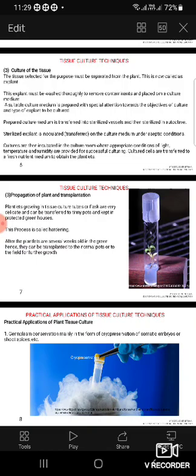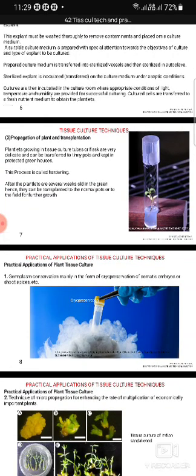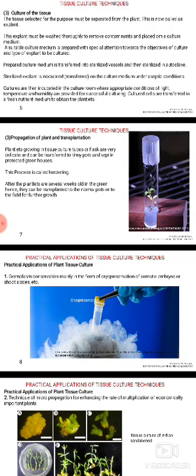The fourth step is propagation of plant and transportation. The plantlets growing in the tissue culture tubes or flask are very delicate and can be transferred to tiny pots and kept in protected greenhouses. This process is known as hardening.